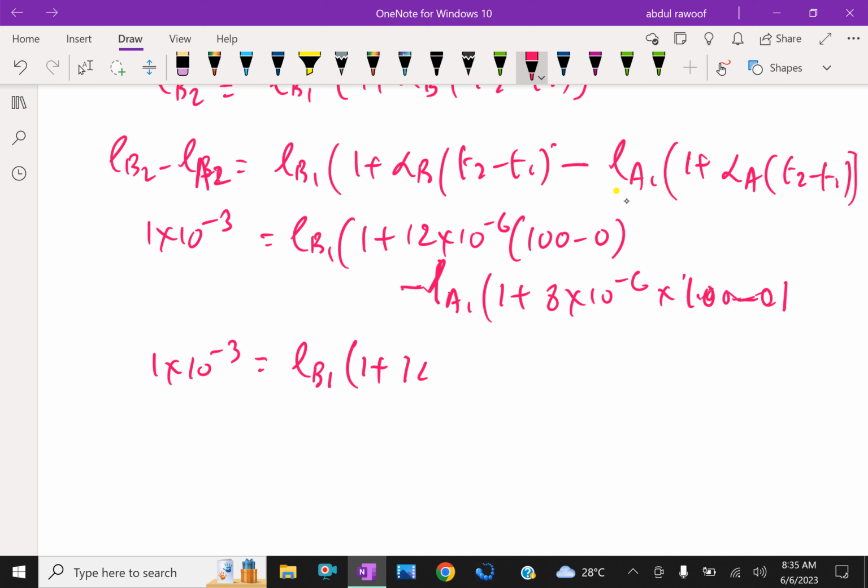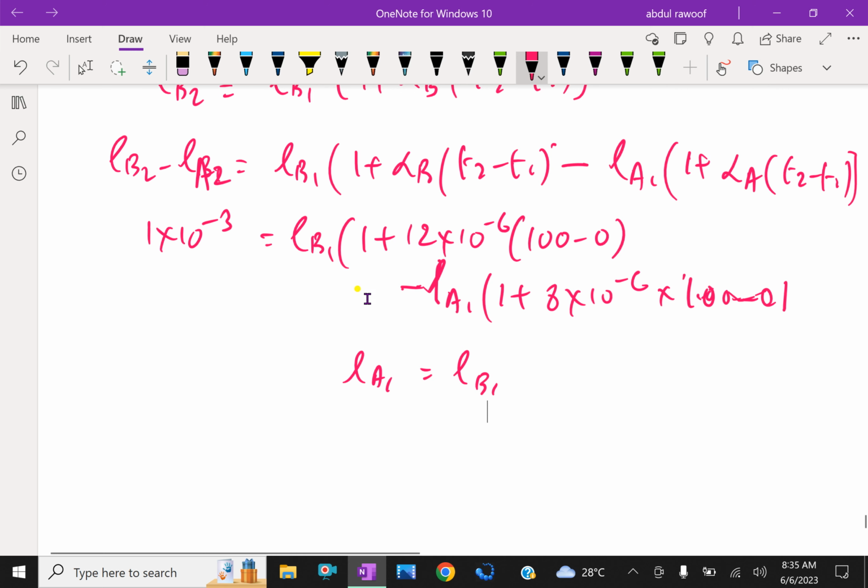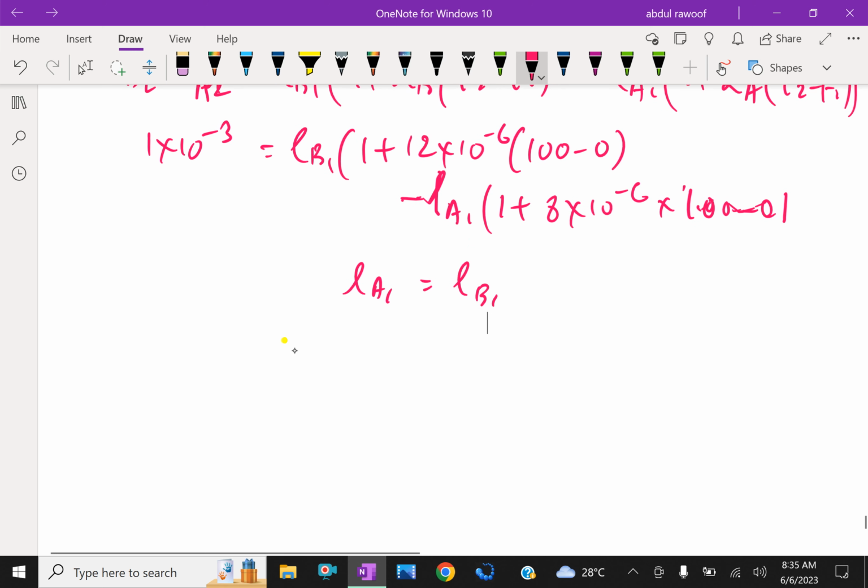Now here, initially both are the same length, LA1 equals LB1. By using this condition, we get 1 into 10 power minus 3 equals LA1 times 1 plus 12 into 10 raised to minus 4, because 100 is multiplied here. 12 into 10 power minus 6 times 100 is 12 into 10 power minus 4.